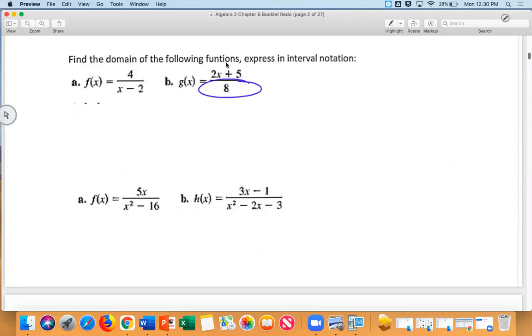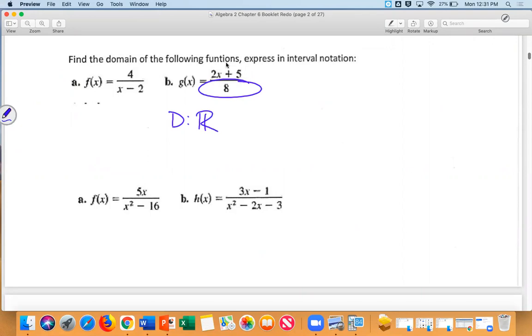Will that ever be 0? No. So in reality, this looks kind of funky, but it's really not, because the denominator can never be 0. And that's a problem we often have. Can't divide by 0. So my domain is all reals.